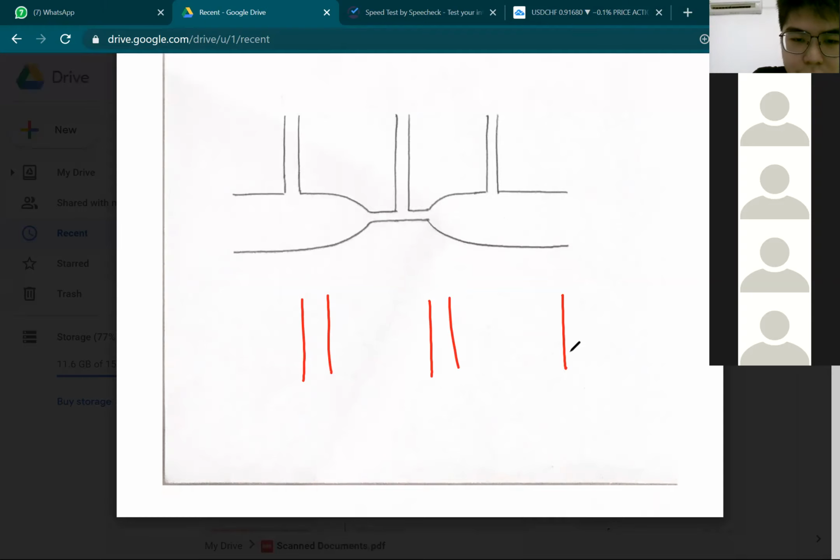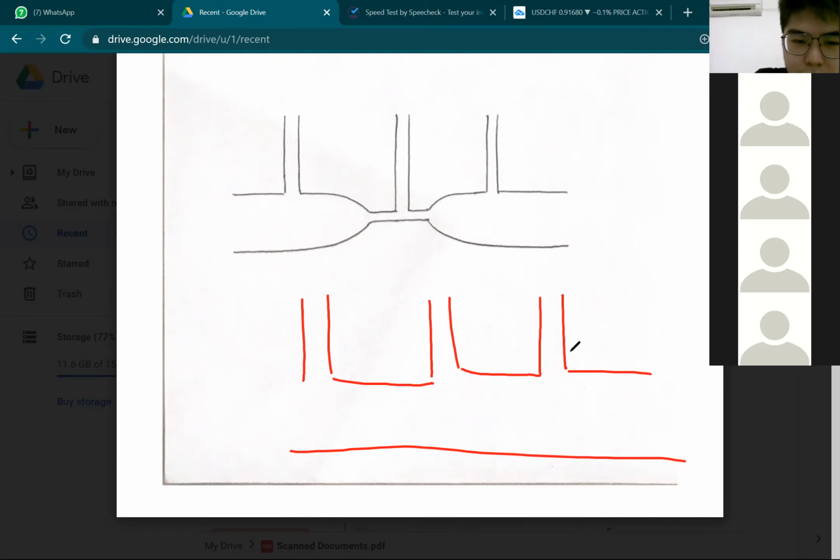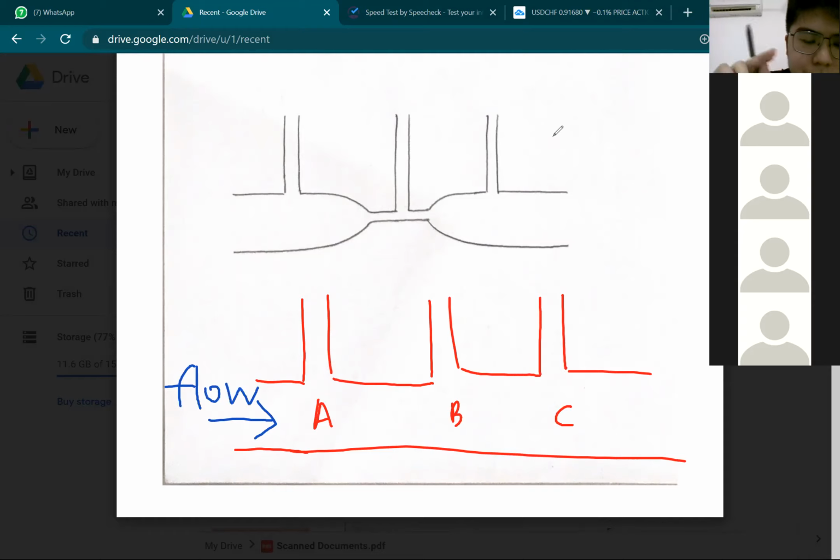If the cross-sectional area is the same, compare the pressure at A, B, C. If the water is flowing from left to right, this is the water flow. What can you observe about the water level in these three tubes? Is it going to be the same height, or decreasing, or increasing?